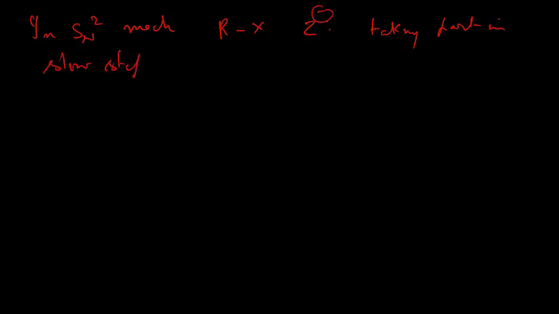In the SN2 mechanism, what happens? The alkyl halide RX as well as the attacking nucleophile both take part in the slow step, or simply it is a single step reaction.